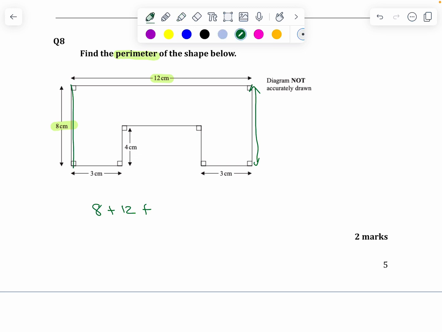So we're going to add the 8 as well. Then we are going to add 3. So I'm just going round the shape. Then I need this length here, which is the same as this length. So it must be 4. So I'm going to add 4.